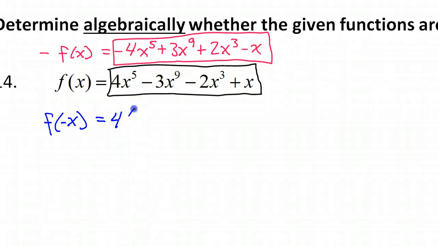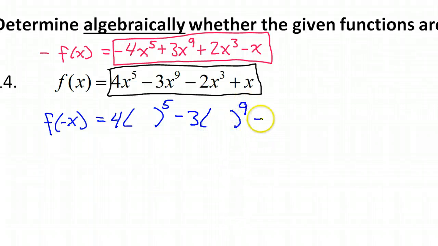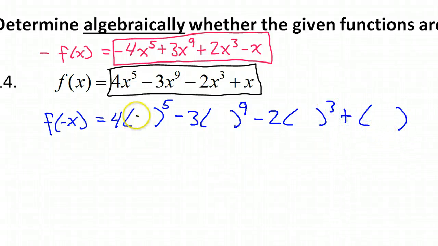So right now, everything that has an x, I'm going to put a parentheses. So that'll make 9th power, 3rd power. Okay, so in here, everywhere I'm putting a negative x.